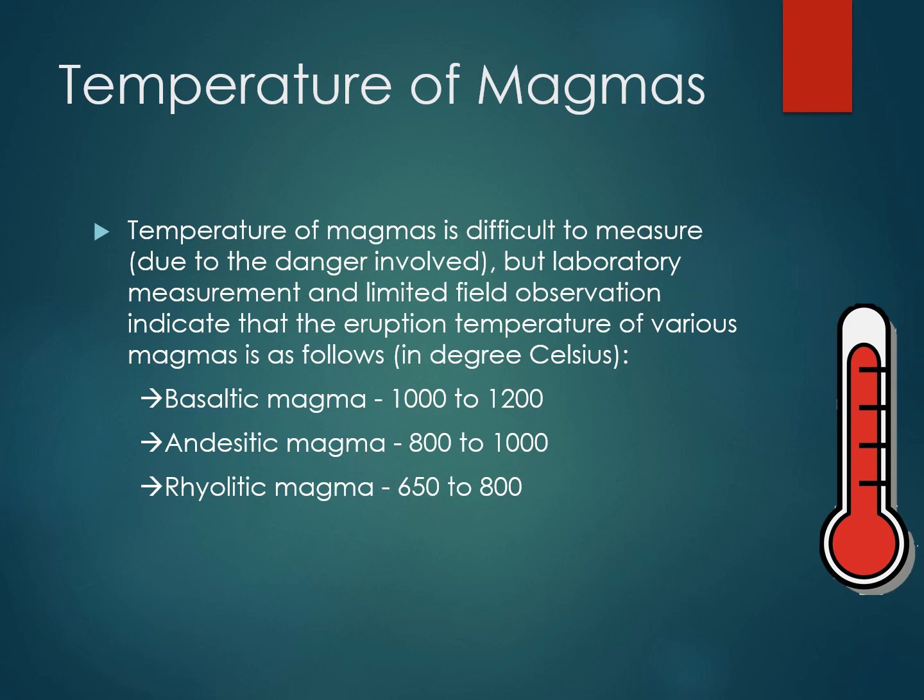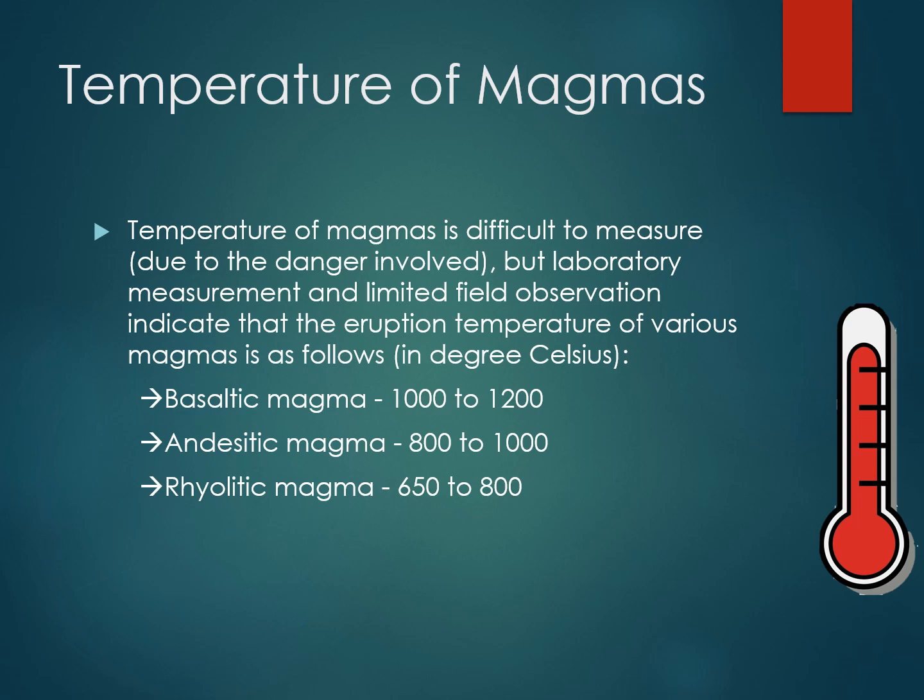The temperature of magmas is difficult to measure due to the danger involved, but laboratory measurement and limited field observation indicate that the eruption temperature of various magmas is as follows, in degrees Celsius.